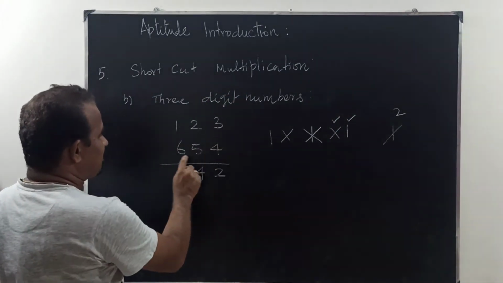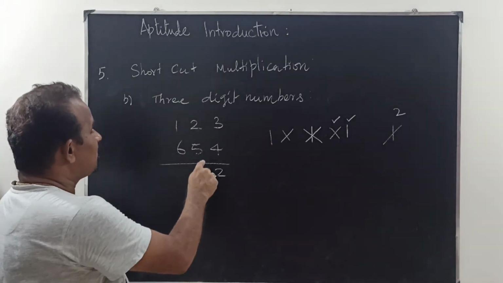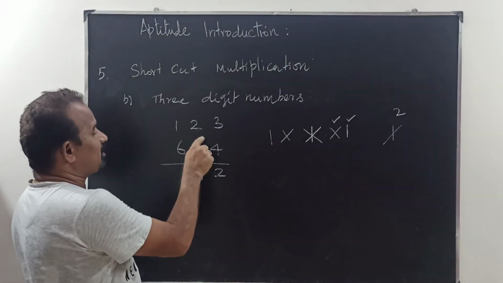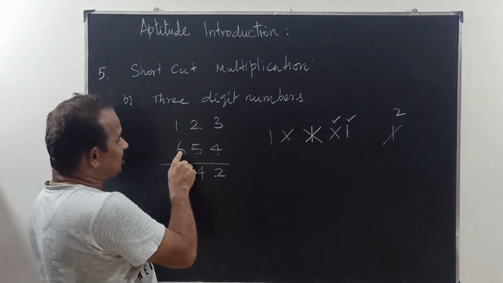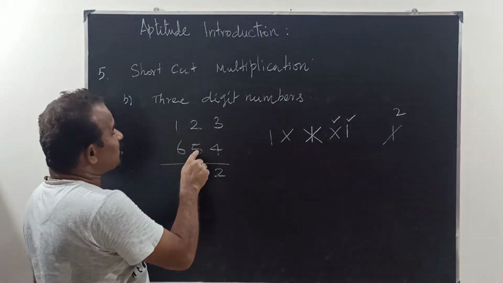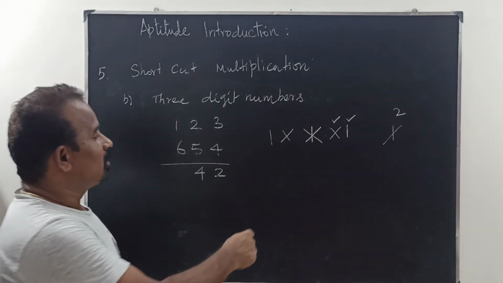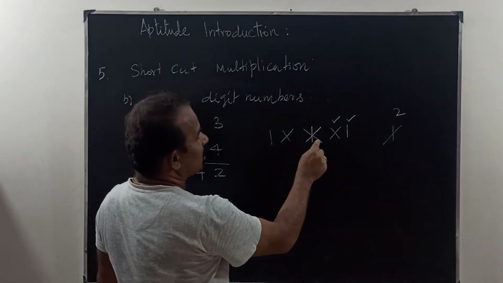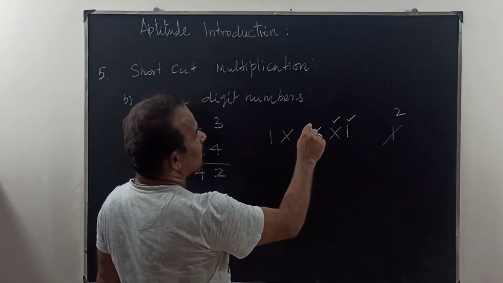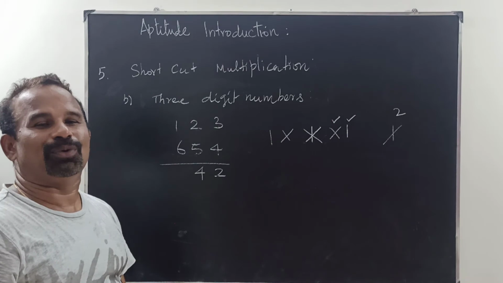Then you consider these 3. You multiply this and that. 4 into 1 plus 6 into 3 plus 5 into 2. So this corner, this corner, this corner, this corner, then middle term you have to multiply. That is the rule.